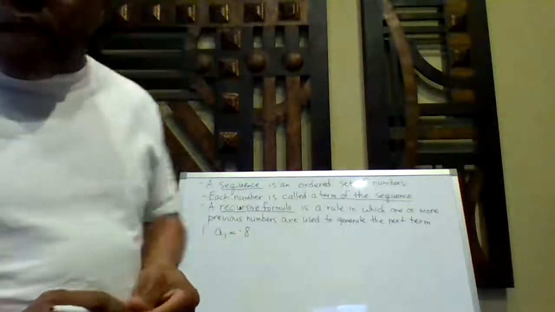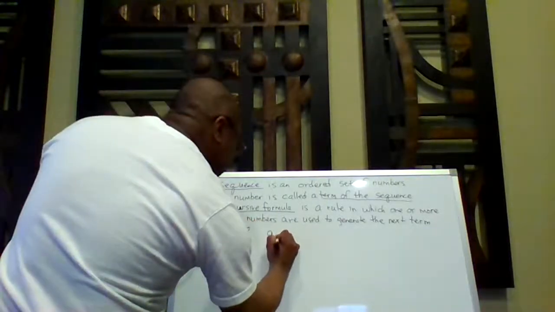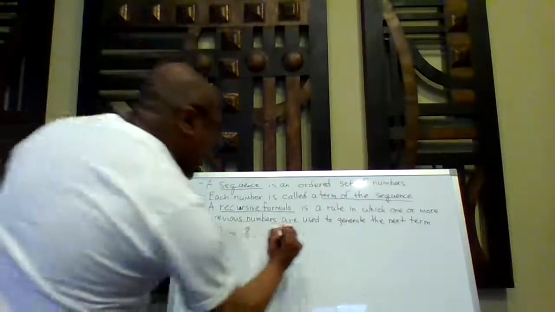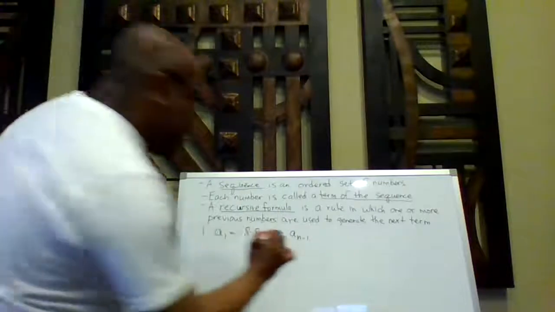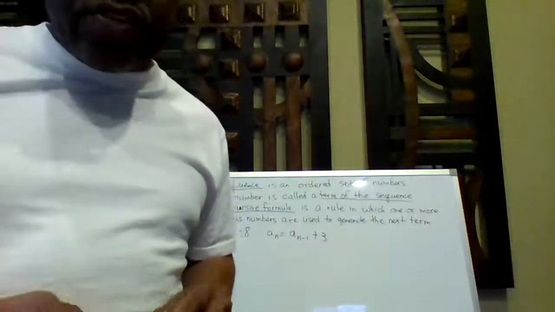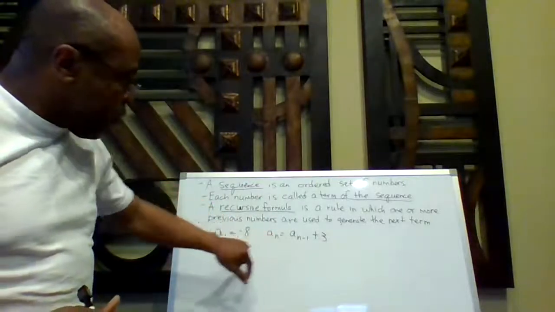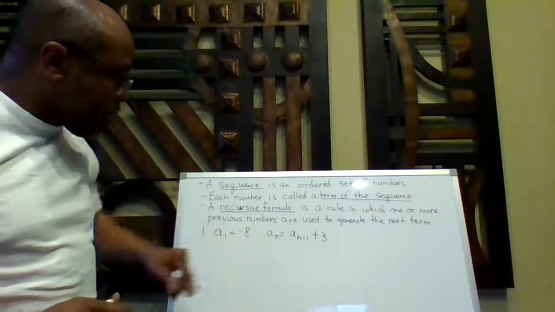Now there's a formula given here, and the formula says that a sub n is equal to a sub n minus 1 plus 3. Now remember the n is the term number. Here, a sub n, we're looking at a sub 1, that's our n, and it gives us -8.